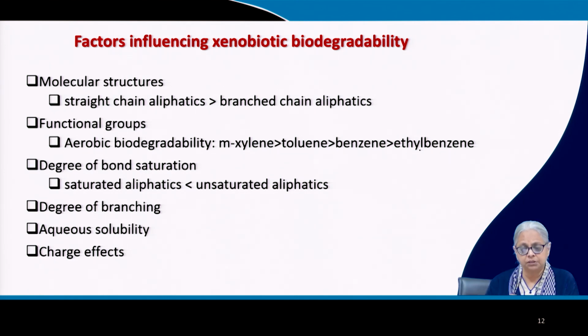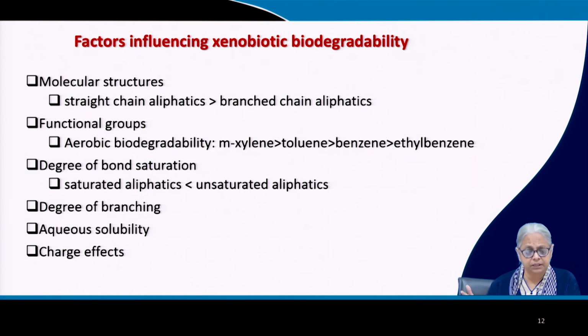I have not mentioned anything about aromatics here, but aromatic compounds, benzene based compounds, whether they are one ring or more than one ring like naphthalene which has two rings, are considered to be more difficult to biodegrade compared to aliphatics.